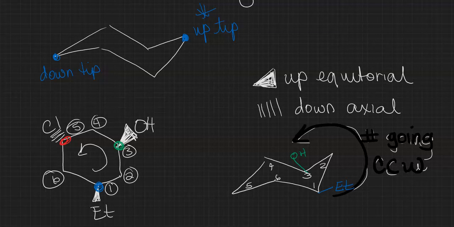And then lastly, I have a chlorine. That's a light wedge at position 5. So I want to put that down because it is a light wedge, so it's going to go axial. So again, I should be able to draw a hexagon into a chair conformation using these principles.